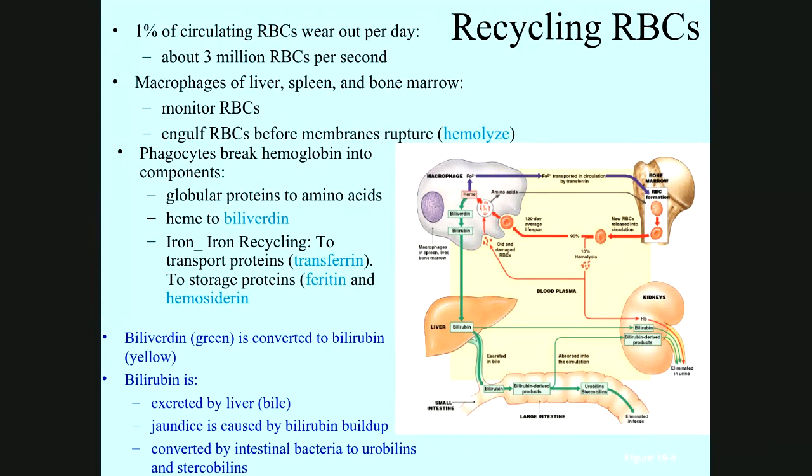If you have ever heard about jaundice, it is caused by bilirubin building up, and people that have jaundice have a liver problem. Once excreted in the bile, it is going to be converted by intestinal bacteria into urobilin and stercobilin that can be eliminated in the feces, or be absorbed into the circulation, reach the kidney, and be eliminated in the urine.